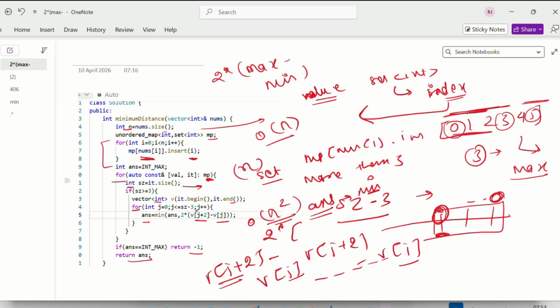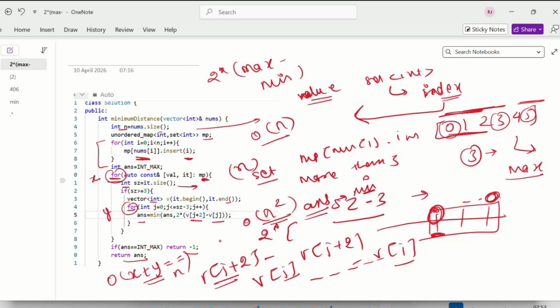But if you carefully see this for loop and this for loop combined, if it takes x time for this and y time for this, then x plus y will be equal to n. So in this case also the time complexity will be O(n) plus O(n), so it will be O(n) only. In space complexity, we have used this map, so space complexity is also O(n).